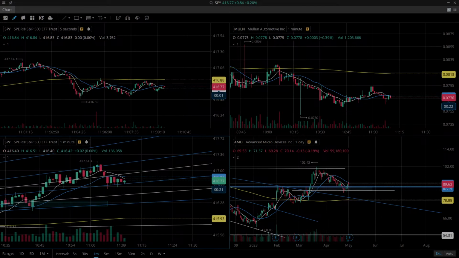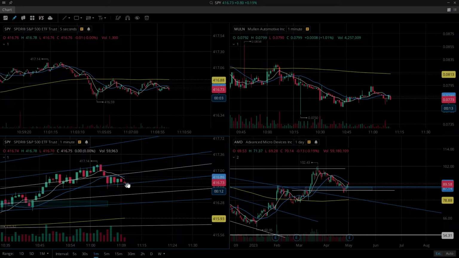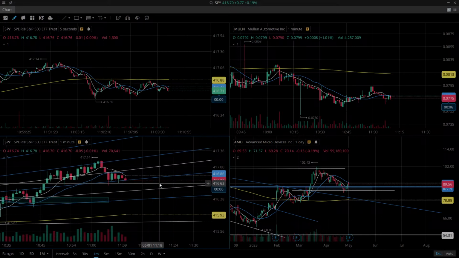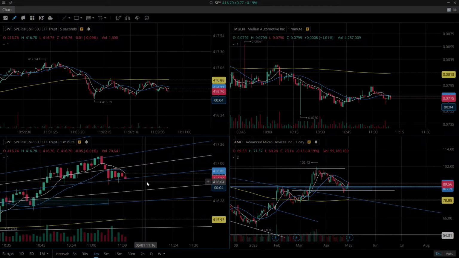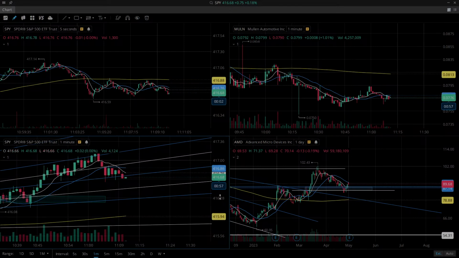All right. Got a whole bunch of just little dojis on the 5-second chart here. Nothing really decided yet, but this is telling me it's likely to give us a clean break somewhere. 10 seconds left on this 1 minute chart. And this will likely be very fast. One minute candle closed. Oh man, don't get caught offsides if this breaks the other way.